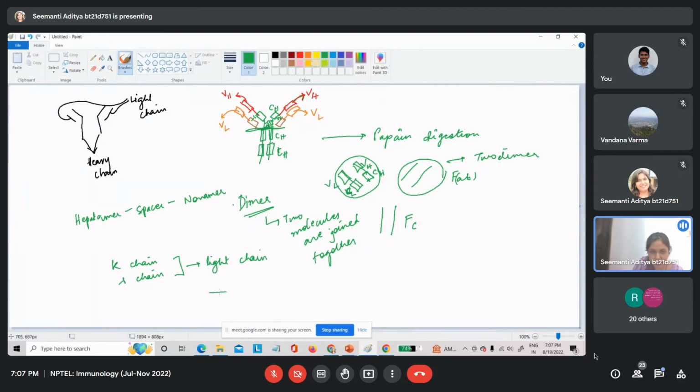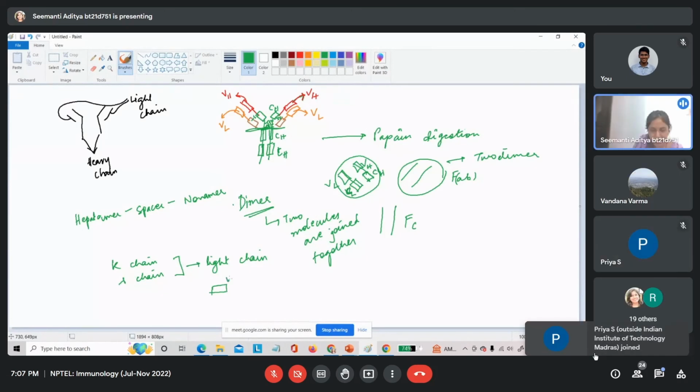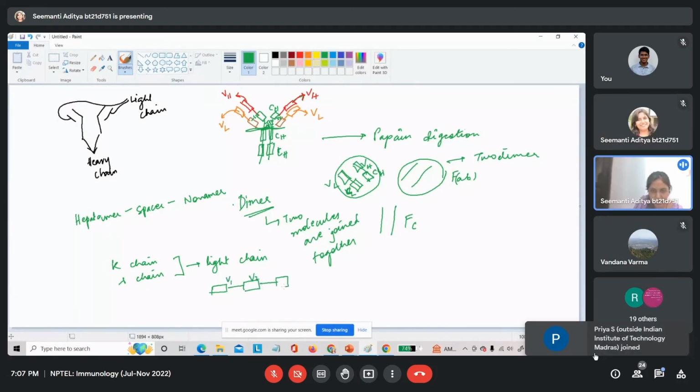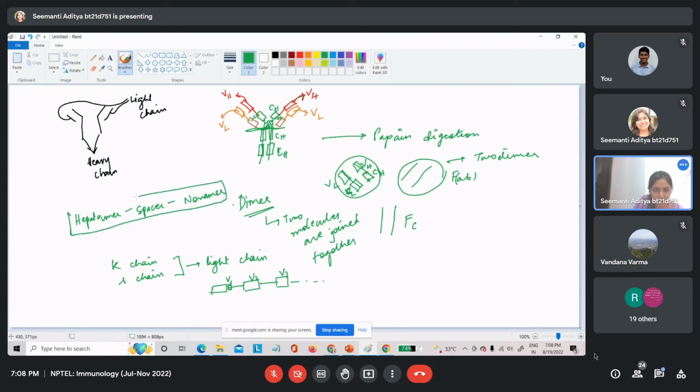You have several segments, say V1, V2, V3, etc. Between these segments you have this particular sequence. This heptamer, spacer, and nonamer sequence is present in between, say, V1 and V2.